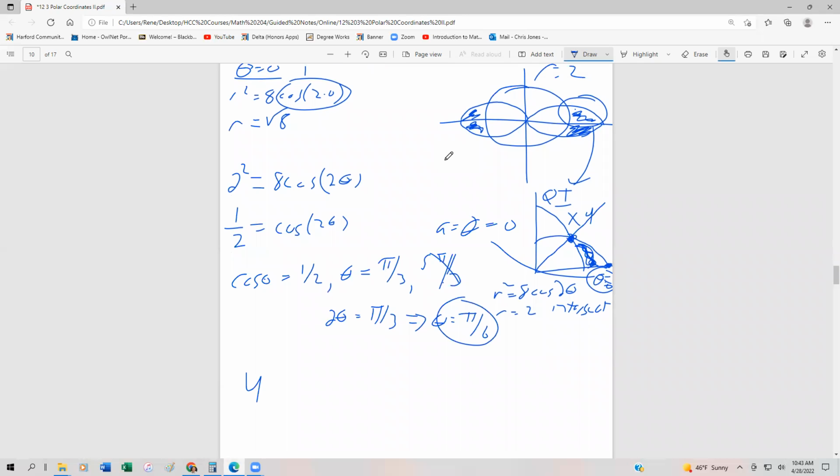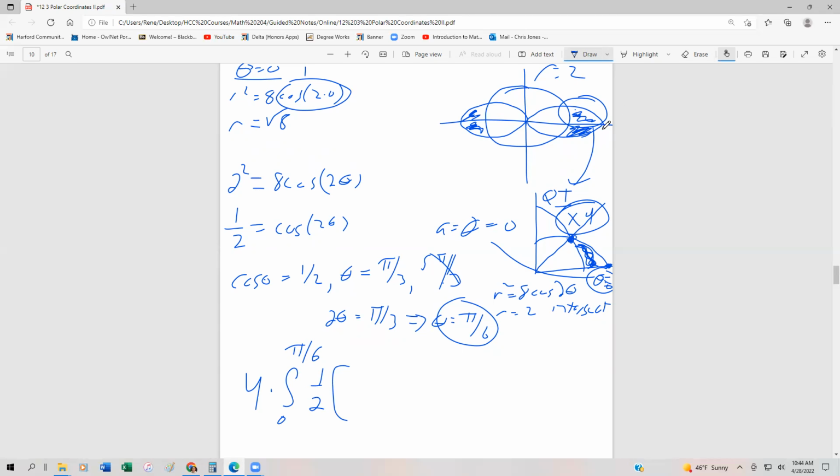So we're going to have 4, because remember, we're multiplying by 4 to get all the areas. Integral from 0 to pi sixths, not pi halves, excuse me. Then we have 1/2. And remember, we're going to take the outer minus the inner.